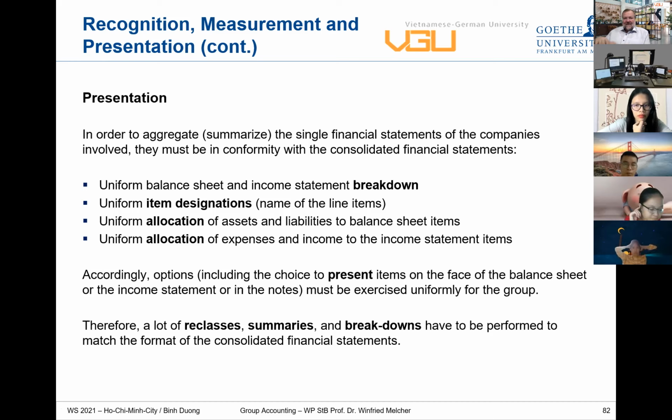And in the end, that package should match the breakout of the balance sheet, the breakout of the income statement. So you have a line by line possibility of adding the same items in the same row. Okay, I think that is clear.